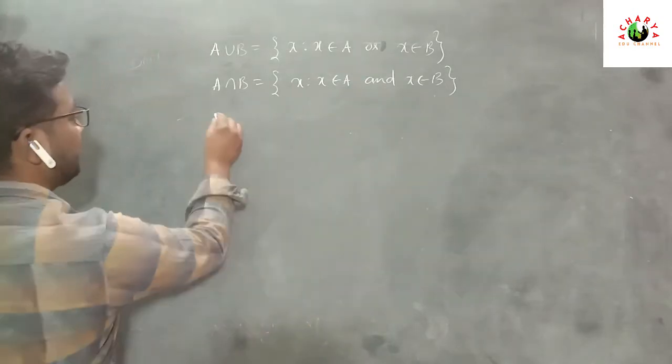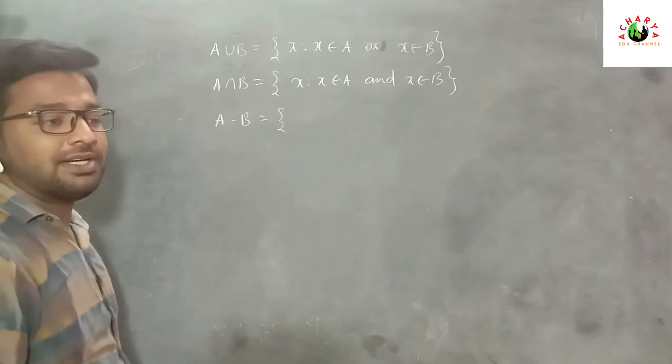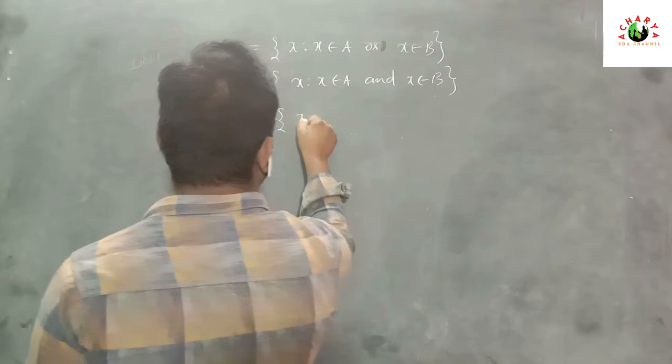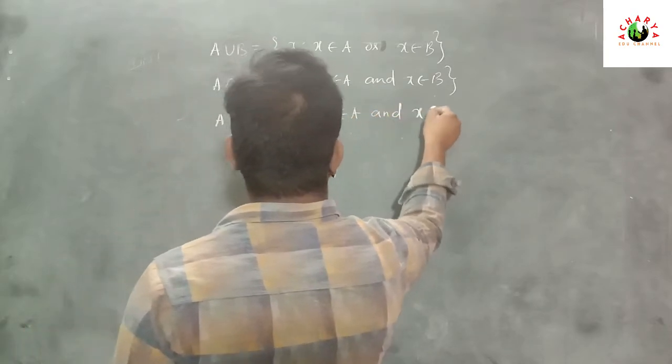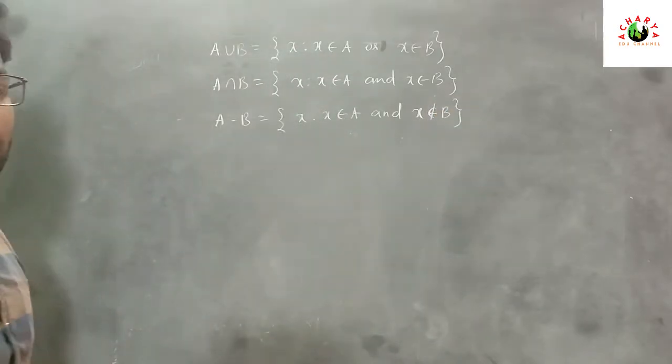Next, A minus B, the difference of two sets A and B. Here, x such that x belongs to A and x does not belong to B. Why?